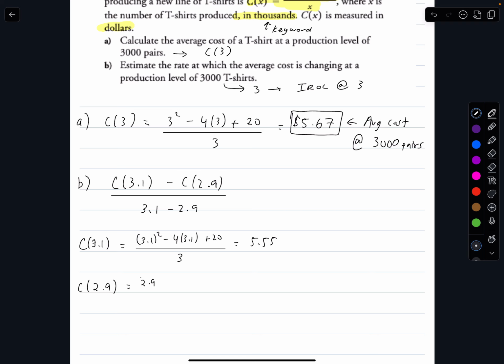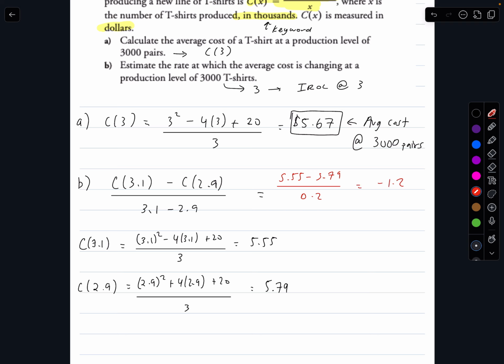So 2.9 squared minus 4 times 2.9 plus 20 over 3, which gives us 5.79. Then we actually just plop this into our equation up here. So we end up with 5.55 minus 5.79 over 0.2. And we end up with negative 1.2.